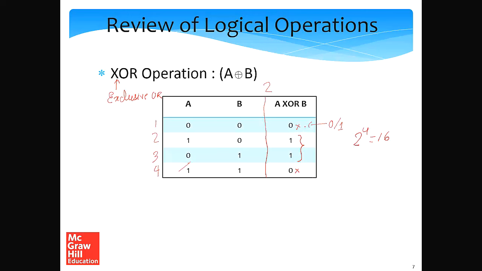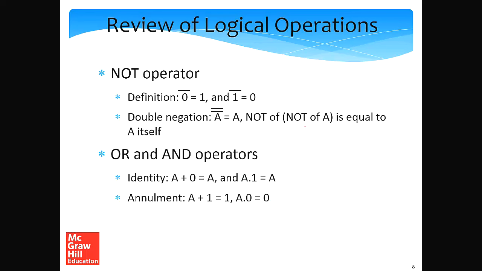So this is one more kind of function, as we have seen. Just to review, we saw the basic NOT operator. NOT is also called the complement operator. Given a Boolean variable, you just place a bar on top of it.